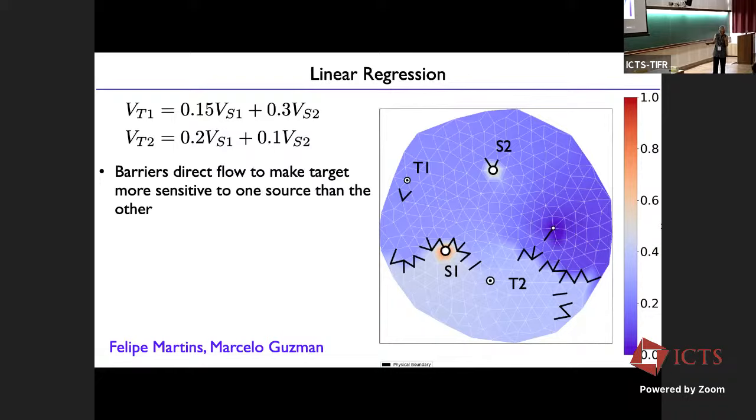Okay, and the opposite for target 2. Target 2 doesn't have a barrier to source 1, but it has a longer distance to go from source 2. Okay, so by playing with all of this, right, these little barriers and distances, that's how the system accomplishes this function.